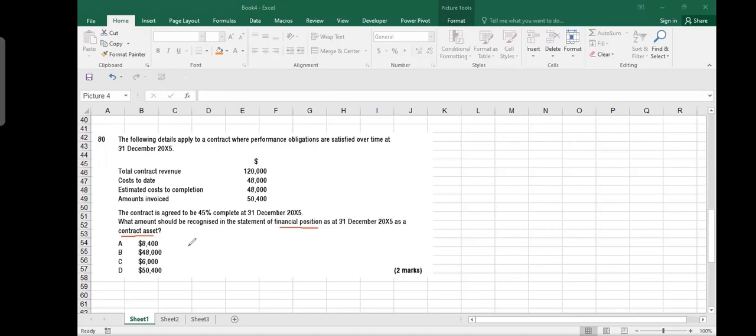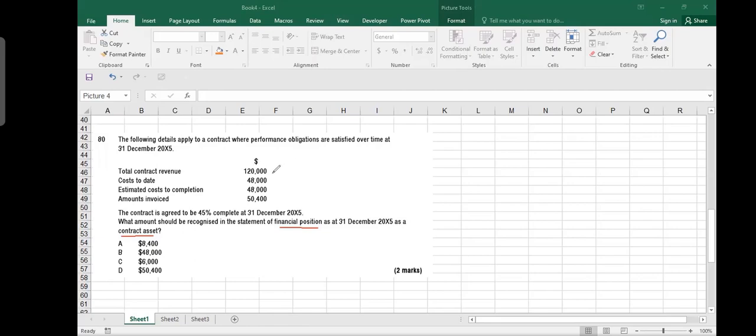the contract asset. So again, the same way we should start by making our working for what is the contract revenue, how much we should invoice, how much we did invoice, and the difference will be called contract asset. So let's start reading the question. The following details apply to a contract where performance obligations are satisfied over time at 31st December.